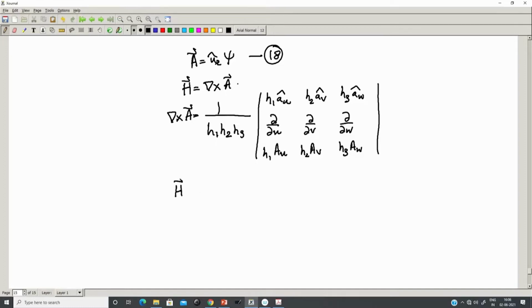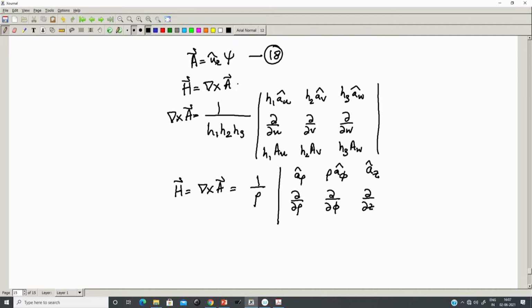So, H given by curl of A becomes 1 by rho, substituting for h1, h2, h3 as we did before, the determinant of a rho, rho a phi, a z; del del rho, del del phi, del del z; and 0, 0, psi, because psi has only a z component.